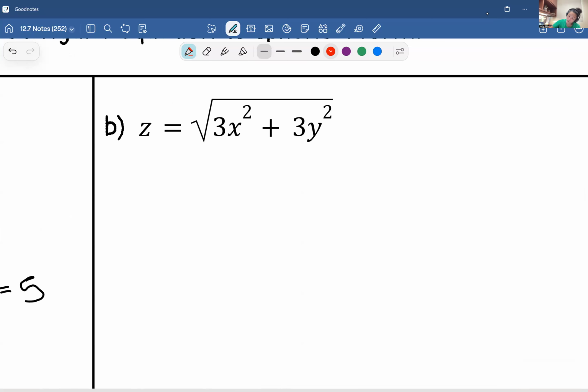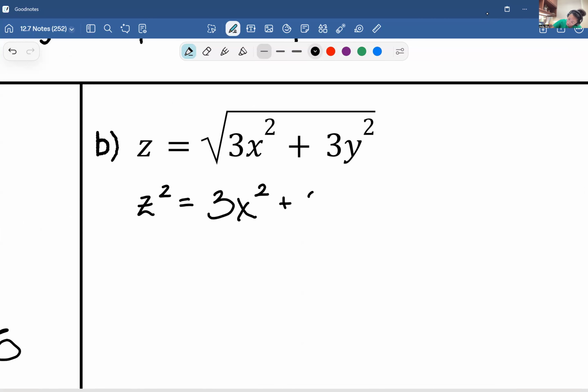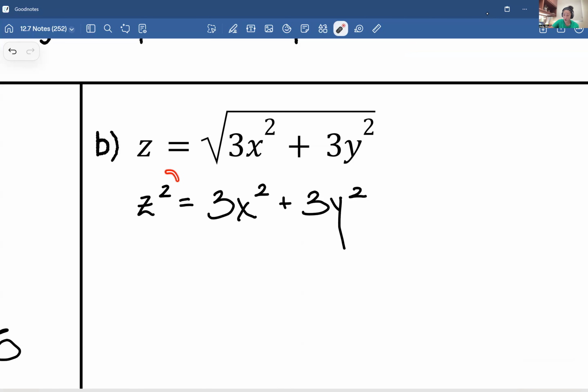So I'm going to square both sides and I'm going to end up with z squared equals 3x squared plus 3y squared. Now, I notice again that all the powers are squares, so I'm not thinking that this is an elliptic paraboloid.